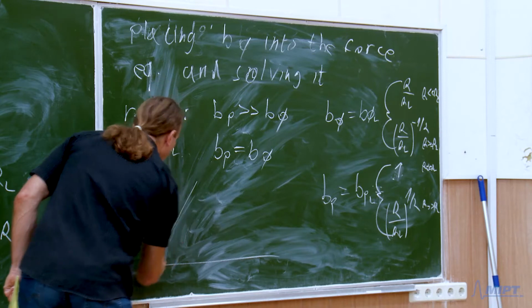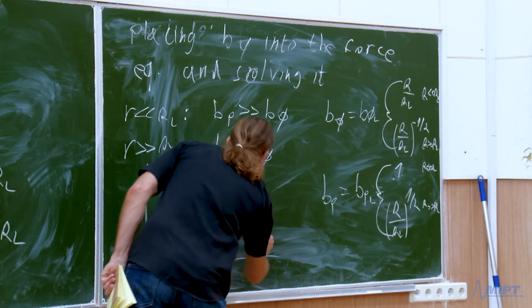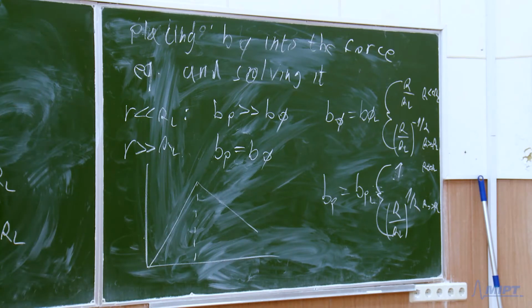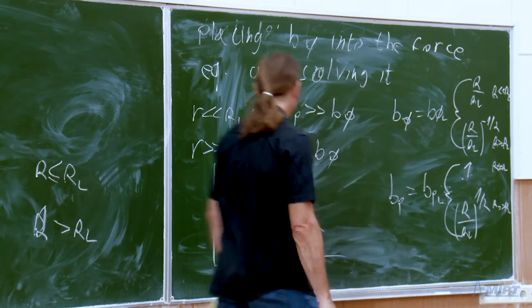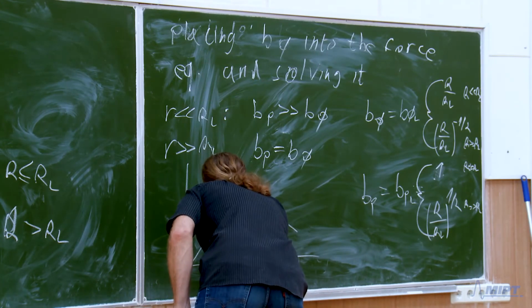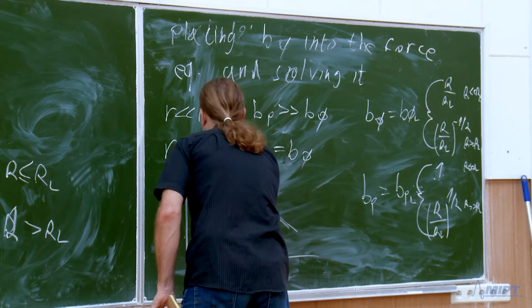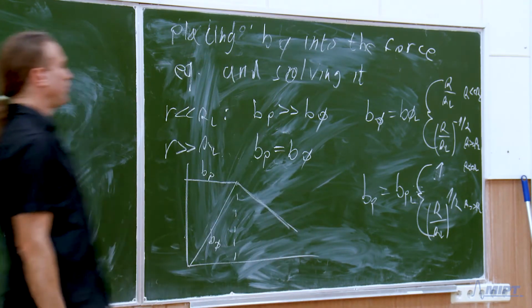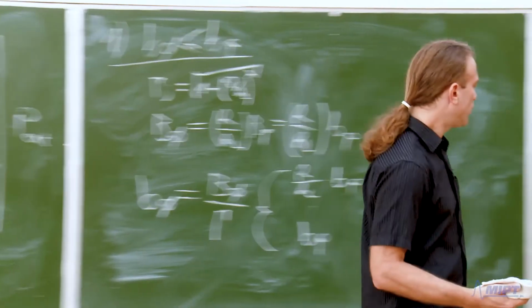B phi linearly increasing until RL, and then it decreases like r to the power of minus 1/2. This is B phi. And BP is constant and going down like that. Okay? So this is the profile in the first acceleration regime, where I have small r.